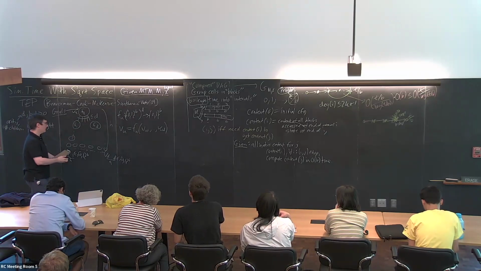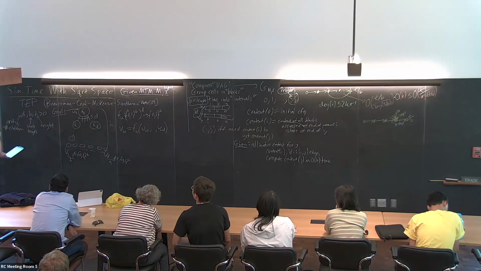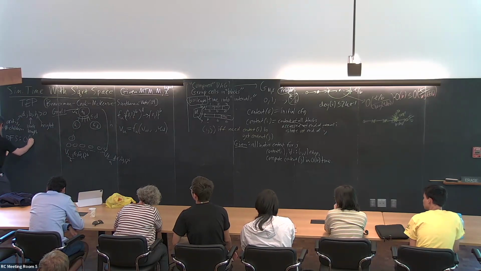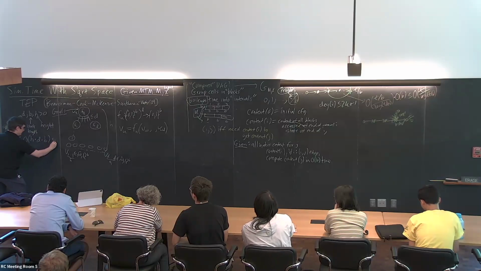But we want to know how much space it takes. And there is a pretty easy DFS, depth first search, algorithm, which will take us order h times d times b space.